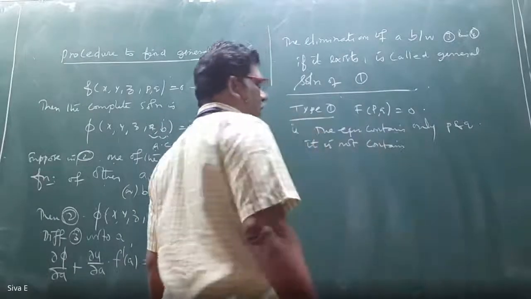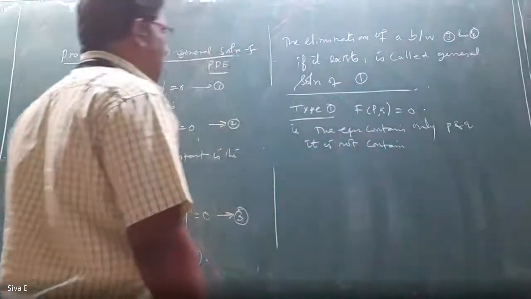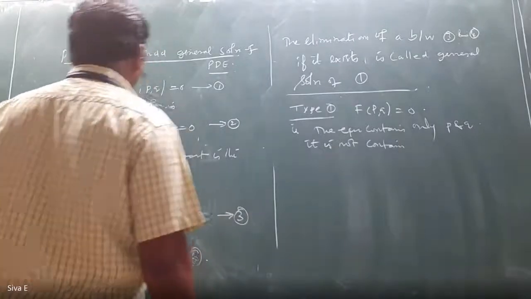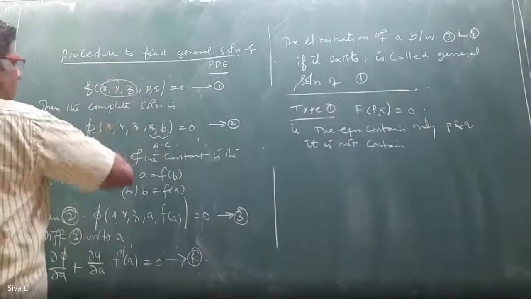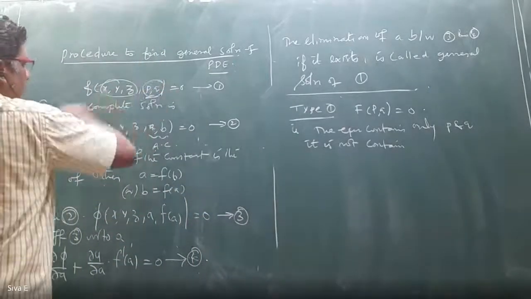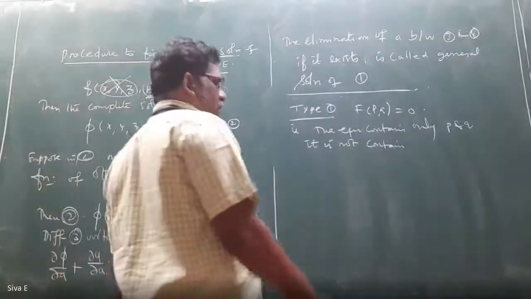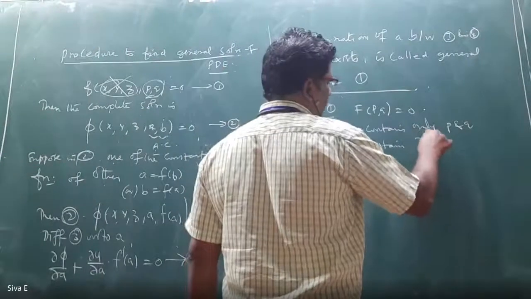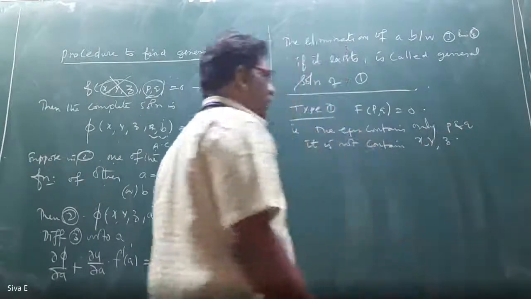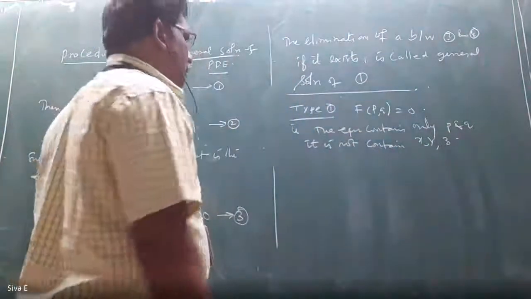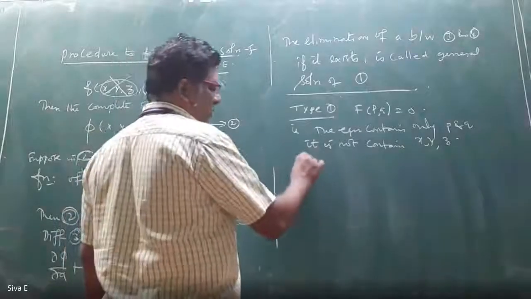So what values are there in the PDE? x, y, z, p, q. Only p and q are there; x, y, z are not there. Then how to solve that? What is the procedure to solve this?